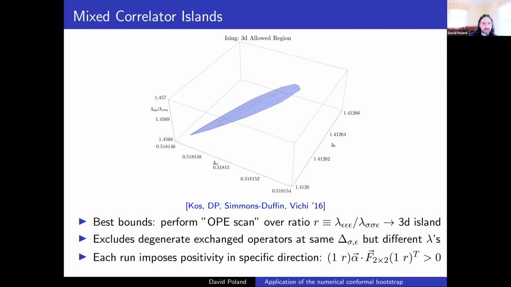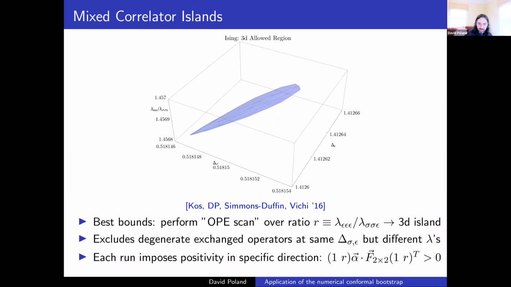Now, what's the point of doing this? The point of doing this is that when you input some specific value for this ratio of OPE coefficients, what you're essentially doing is excluding the possibility of having multiple degenerate exchanged operators which appear at the same exchanged scaling dimensions, delta sigma and delta epsilon, but with different values for the OPE coefficients. So a priori, that could be a possibility allowed by the system of Bootstrap equations.